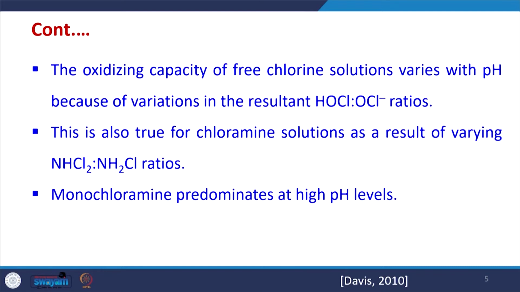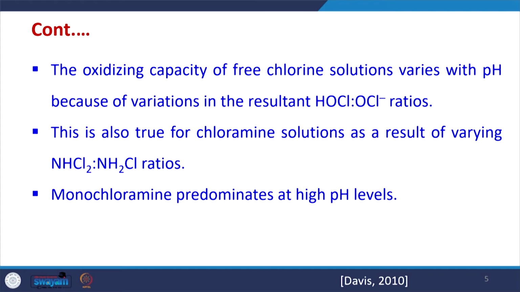Going further, the oxidizing capacity of free chlorine available in the solution varies with pH, because of the variation in the resultant HOCl and OCl minus ratios, and because of the usage of HOCl with ammonia or other nitrogenous compounds, the amount of actually free available chlorine will be lesser.